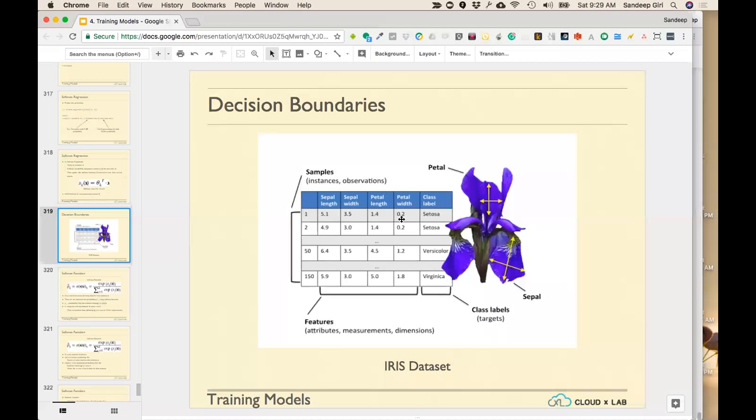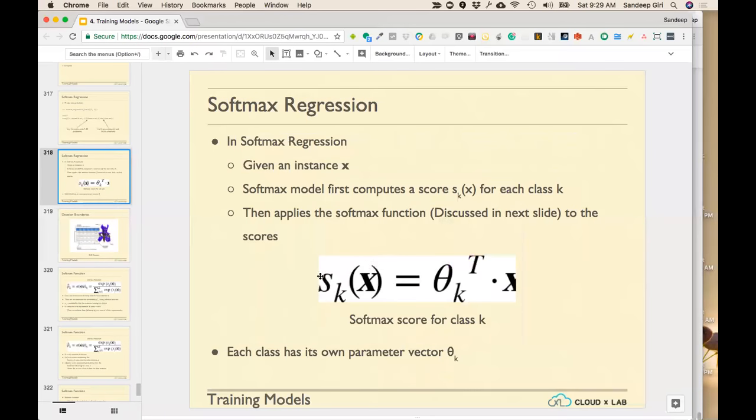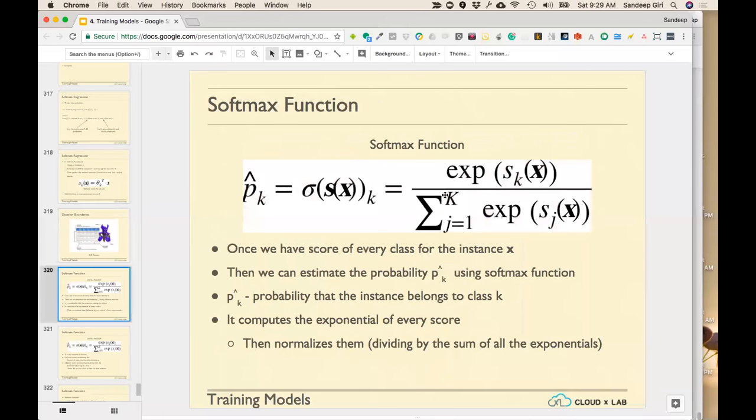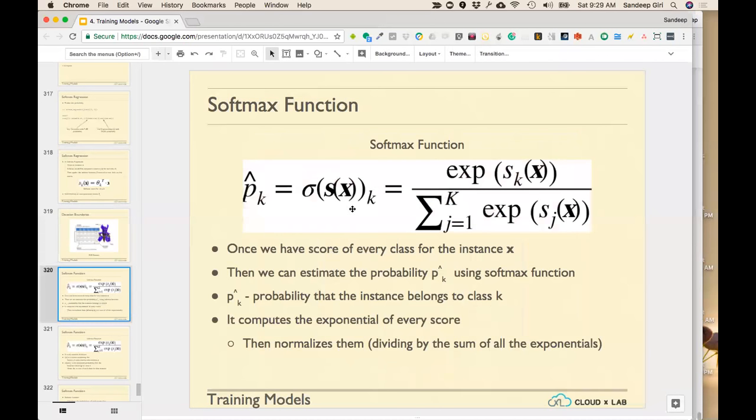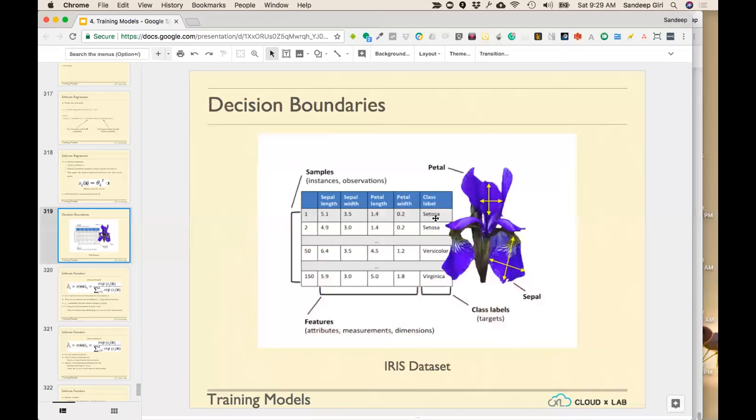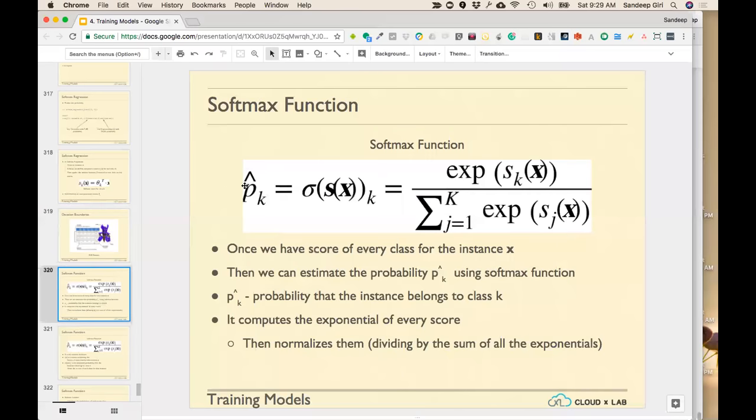Now we multiply the thetas for each one of them and compute the s_k for all of them. Then we compute the denominator, and the numerator is only corresponding to the class which is there. So we compute the probability of this being there, and then we maximize this probability. The cost function is going to be the logarithm of this.